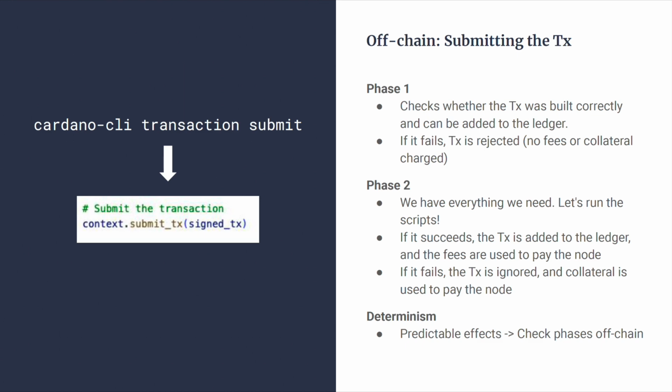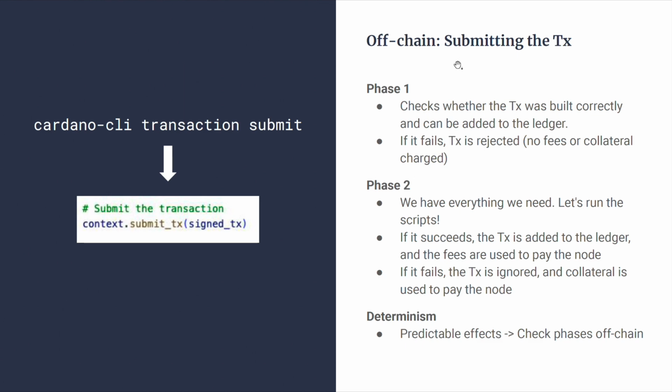This is nice because before we even submit it to the blockchain, we already get rid of the invalid transactions, so we don't risk spending fees if the transaction is not even valid. Then in the second phase, the scripts would actually be run on the node, and the fees are used to pay the node for doing this. This is also where the collateral comes in, because if for some reason the transaction should fail, it will be ignored, and the collateral is used to compensate the node for still having tried to run it.